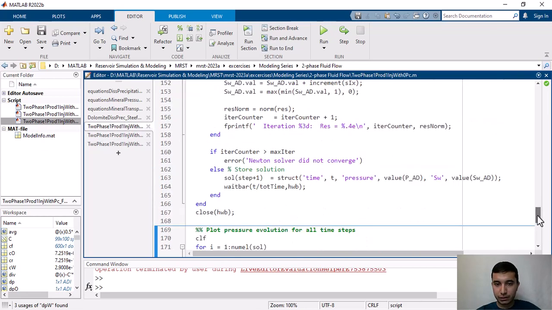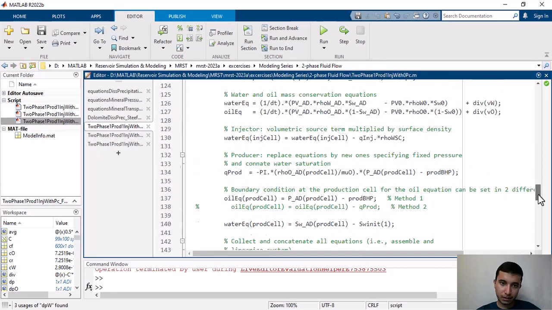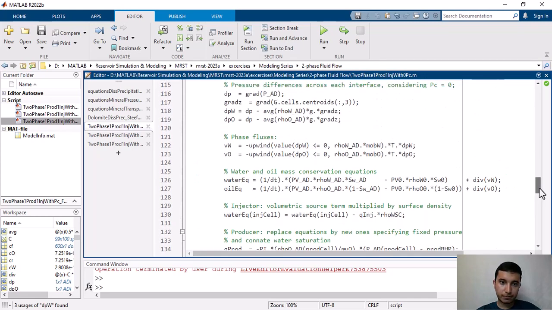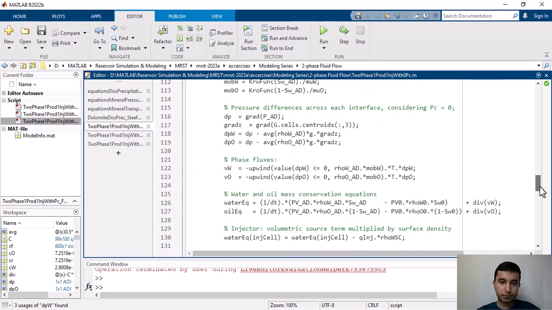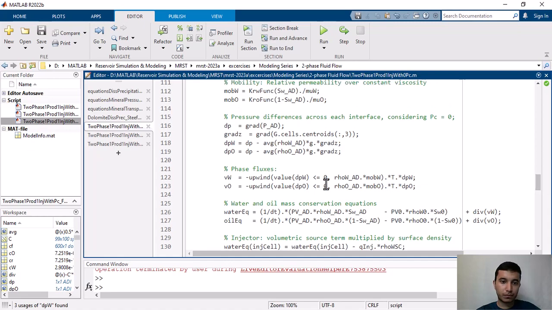Did we have those in the previous code? Let's talk about it. Yeah, we had them. Why? Because the pressure gradient is different because of the difference in density of the two phases. All right?